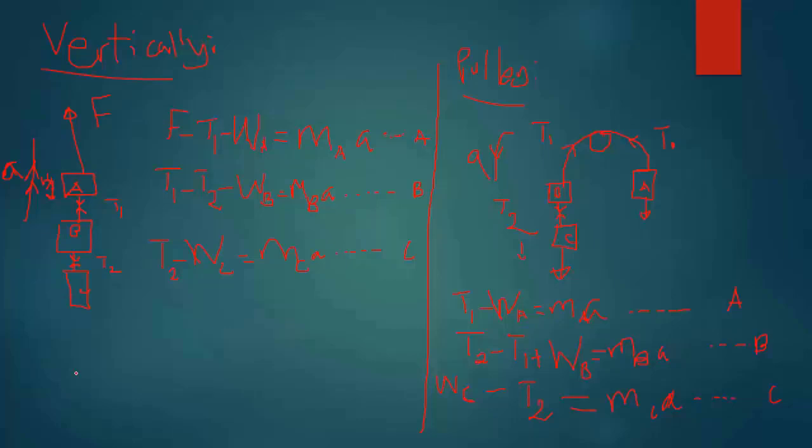Sawa? The weight is not opposing. The weight is actually supporting. So whenever you have vertical motion and the acceleration is downwards, just know that the weight will be supporting, to also be a driving force. So hauitoi kama opposing force, unaiongeza kama driving force, kama unavyoona hapa T2 plus WB.